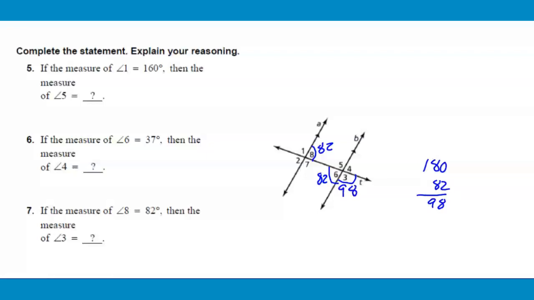Now my explanation here, so this would be 98 in here. My explanation is, I would write it as this. Angle 8 and angle 6 are alternate interior angles.